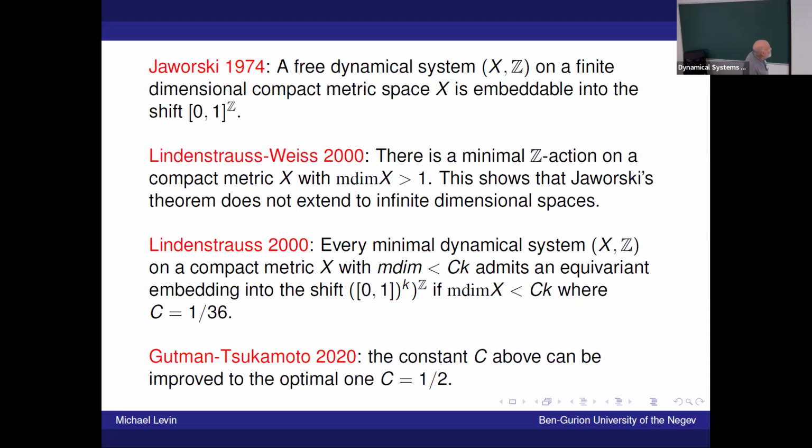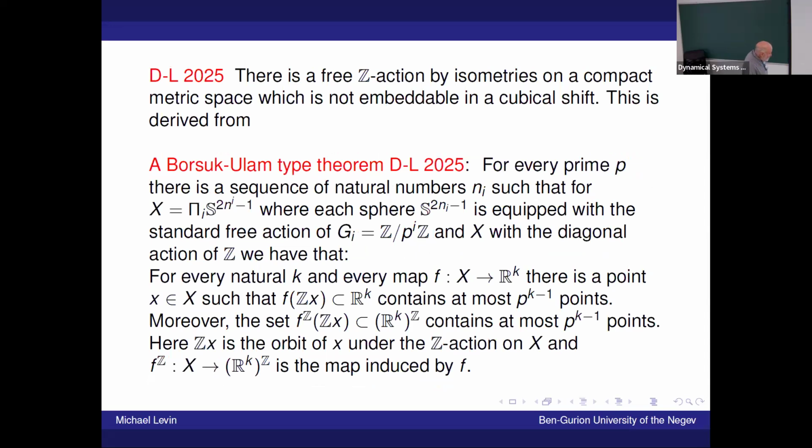Okay, before we go to this result, I would like to mention that for many years it was unknown if every free Z action on a compact metric space has the marker property.